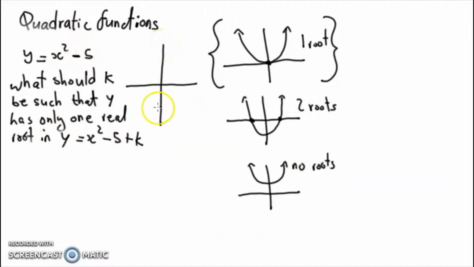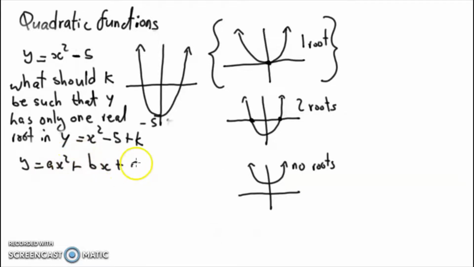This function would look something like this. And this is c. Remember guys, this is c. Let me write it here. c is equal to -5. Remember from the general equation, y is equal to ax squared plus bx plus c.